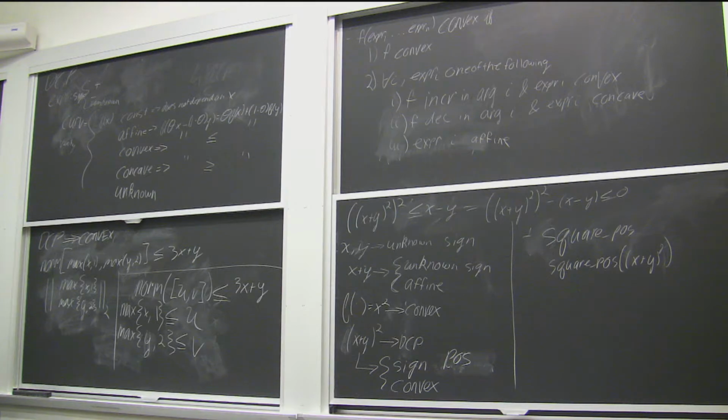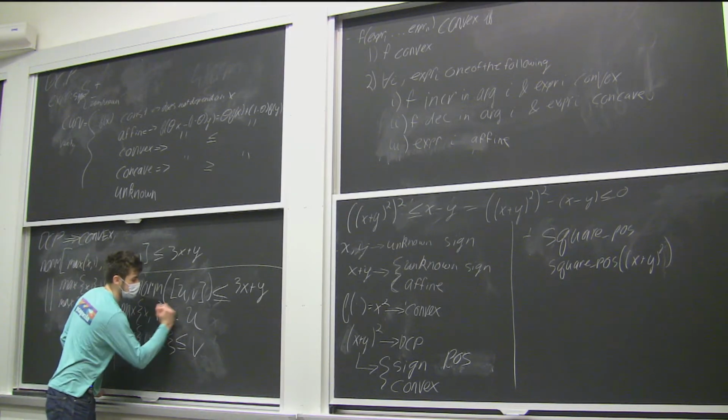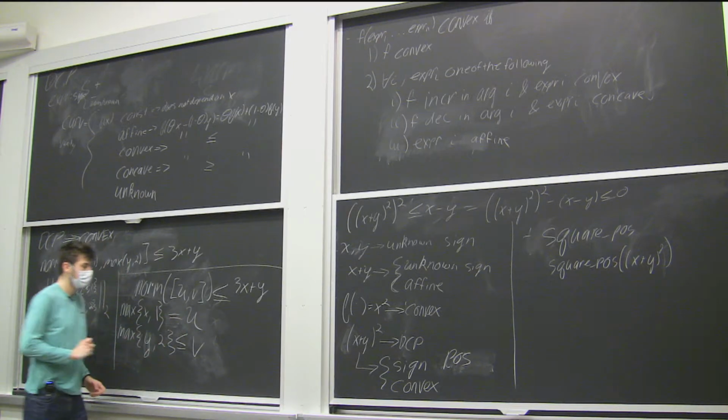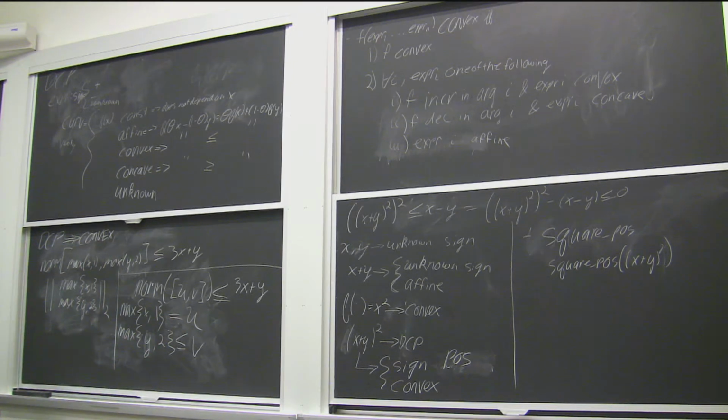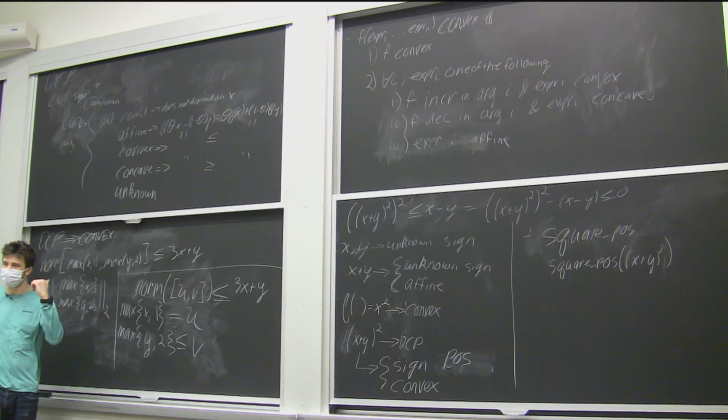So here, what I'm doing is I introduce this variable u. So why can't I just do this? Let's start there. Why can't I put an equality constraint there? The rule about equality constraints in convex optimization is that equality constraints have to be affine functions. And a pointwise maximum is not an affine function.